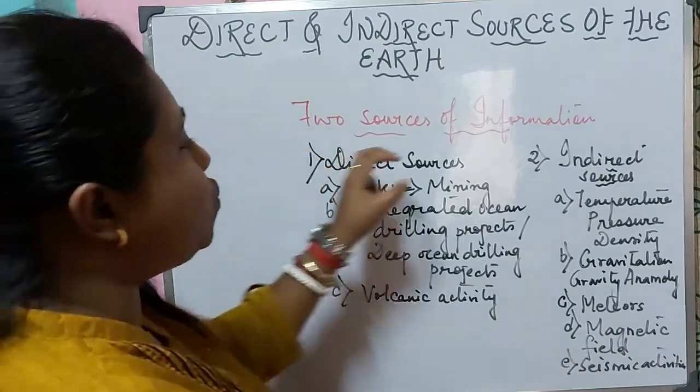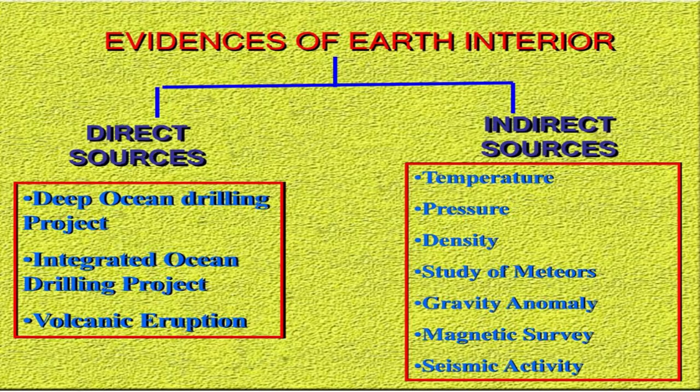So there are two sources of information, the direct sources and the indirect sources.